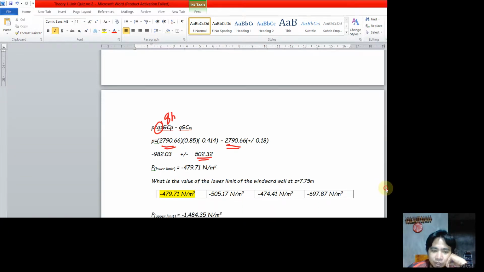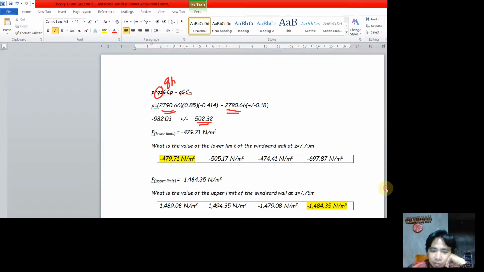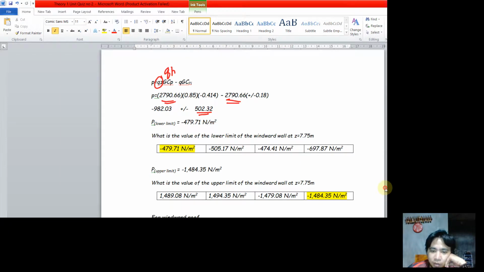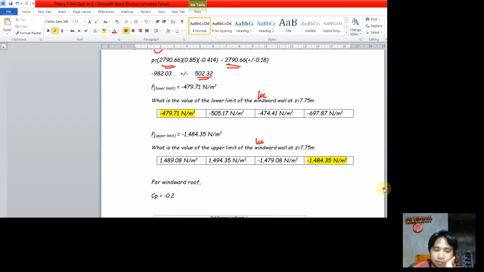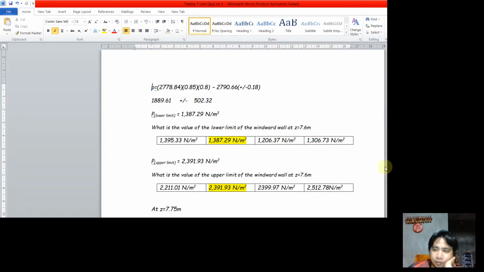That is a suction pressure. For the upper limit of the leeward wall, we have negative 1,484.35.